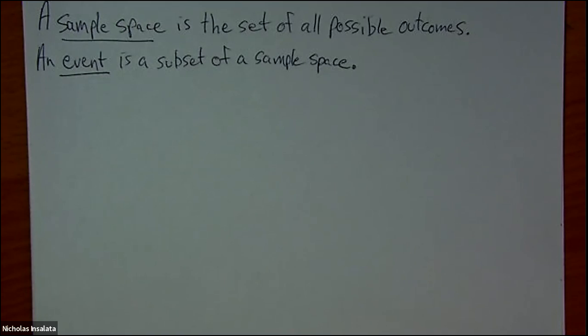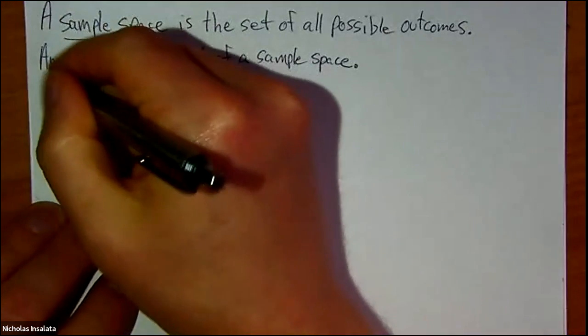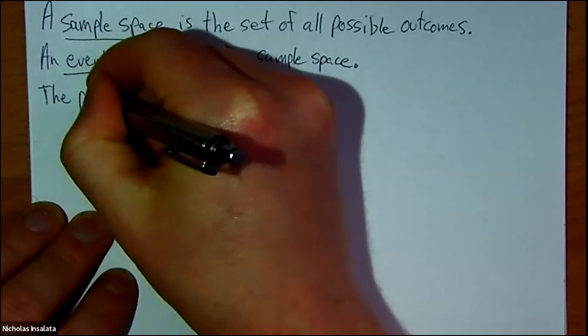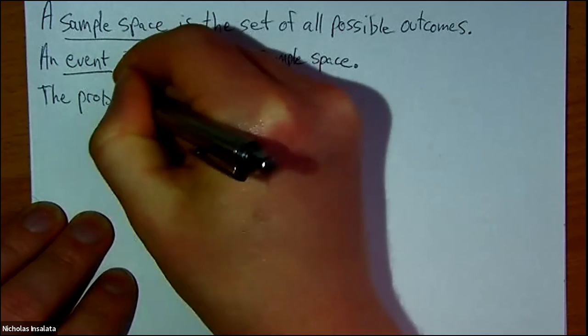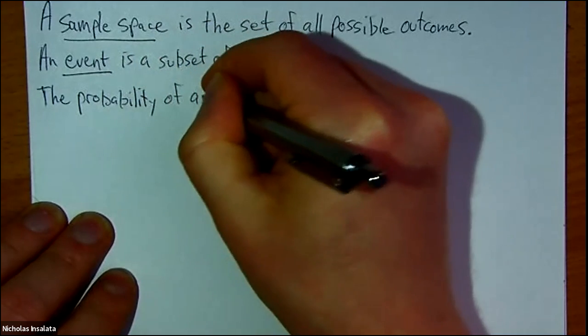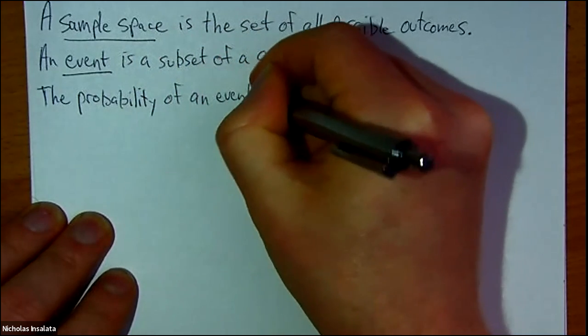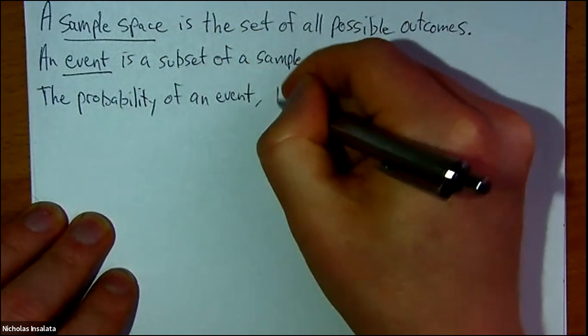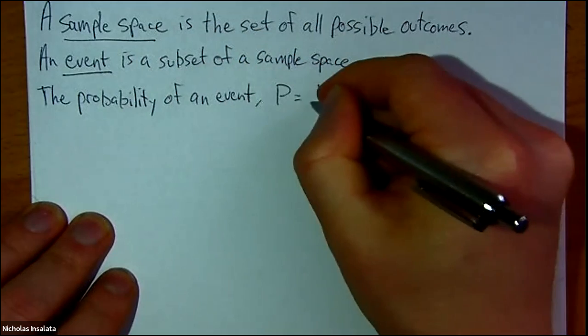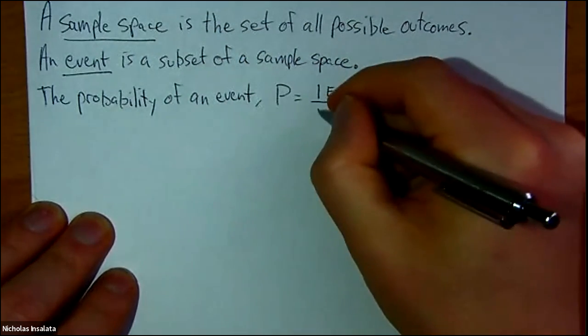Okay, makes sense. Good. So the probability of an event, P, is going to be the size of the event space divided by the size of the sample space.